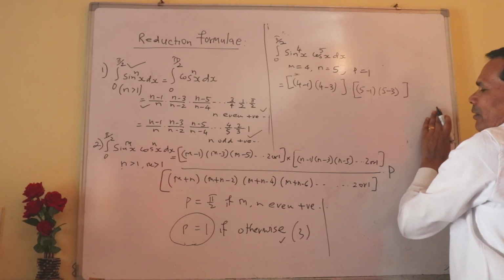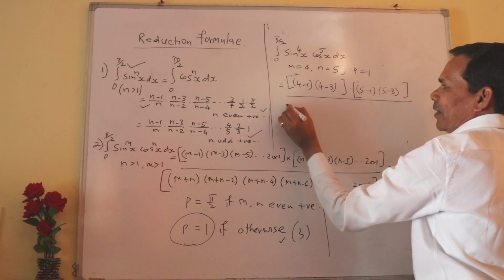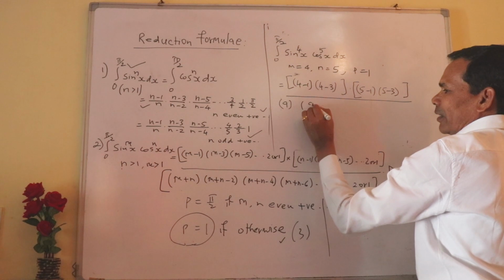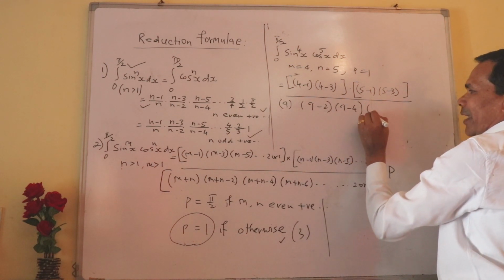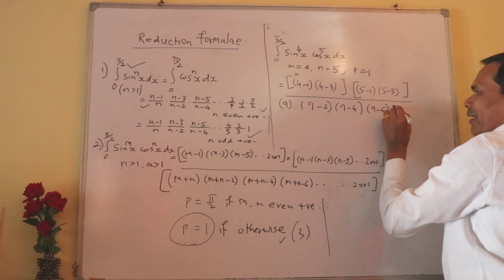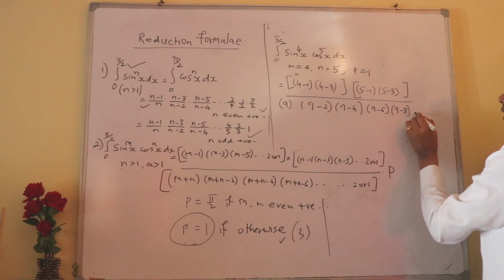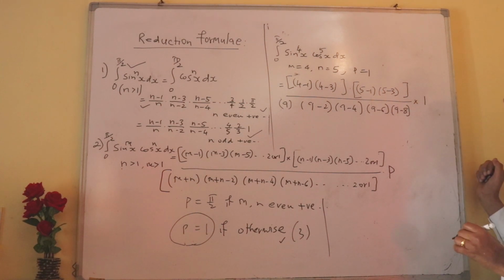Then it is closed here, divided by m plus n, which means 4 plus 5, it is 9. Then 9 minus 2, 9 minus 4, 9 minus 6, 9 minus 8, and next 9 minus 10 is not valid, and the value of p is equal to 1.